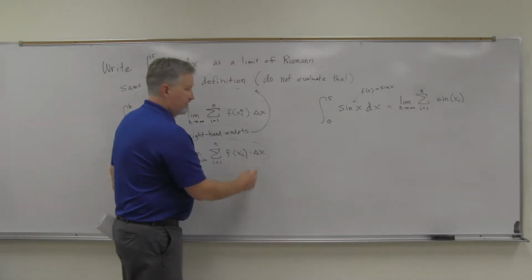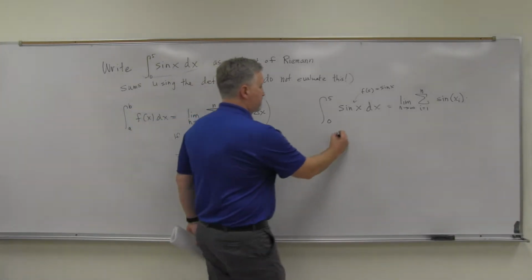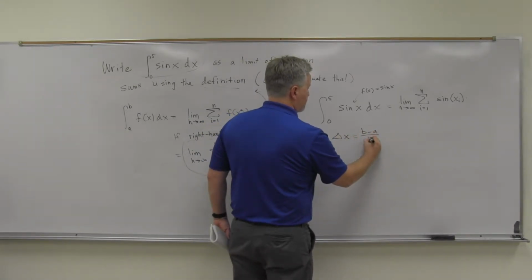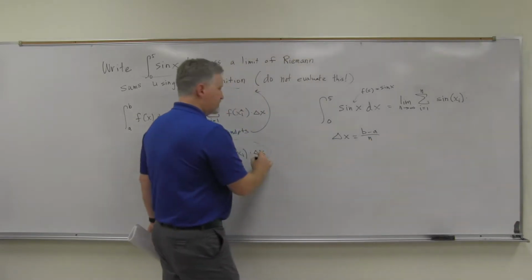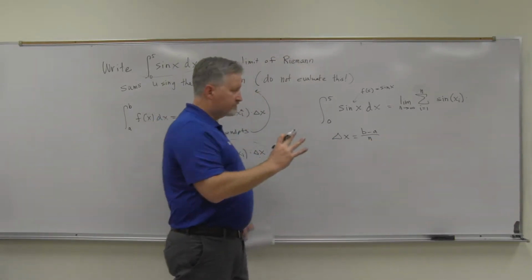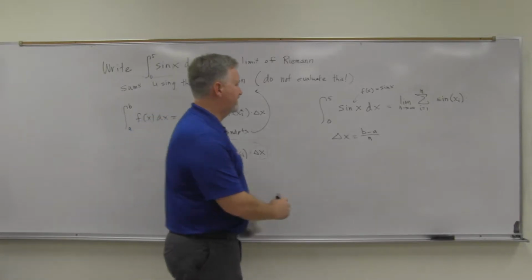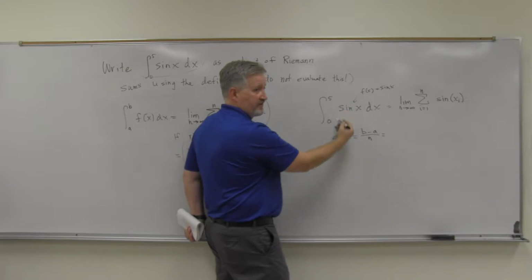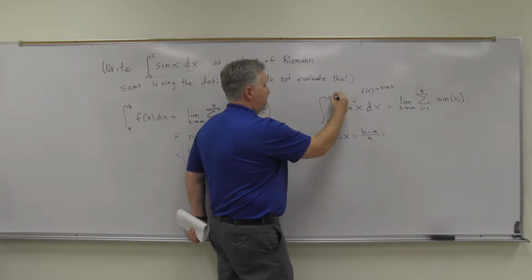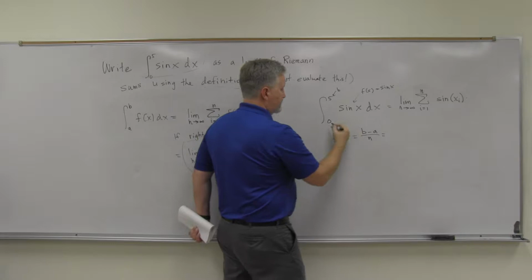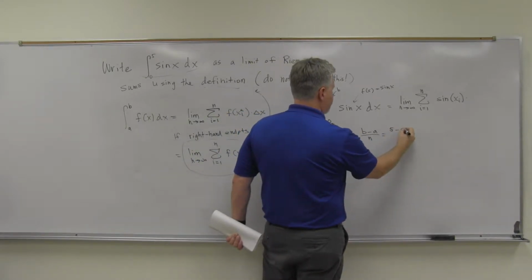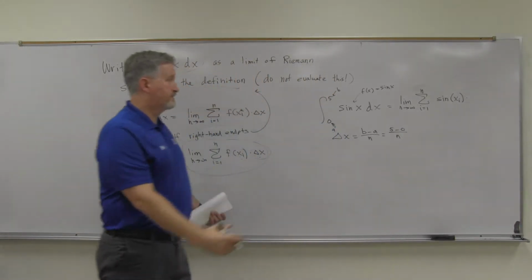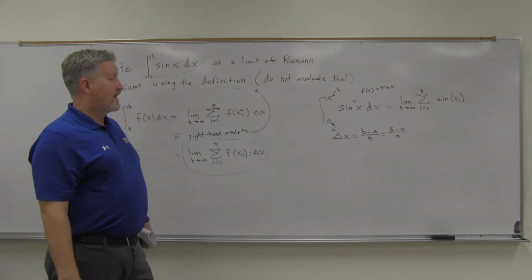And what about this delta x? Well, delta x, we know, is b minus a over n. We can simplify it a little bit. What's my b and my a? The endpoints are the a and the b. So b minus a would be 5 minus 0. And n ultimately goes to infinity, but I don't have a value for n.